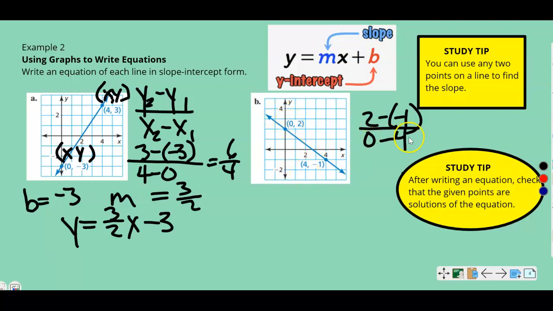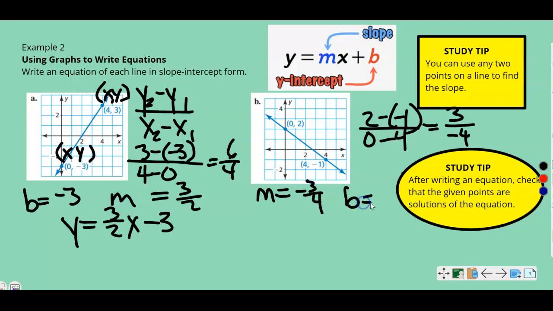So I go 0 minus 4, since I started with the point at the top. So 2 minus negative 1, that's the same as 2 plus 1, or 3. 0 minus 4 is negative 4. Now I have a slope of negative 3/4.